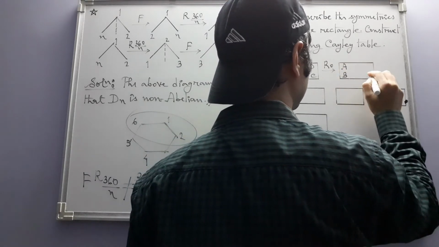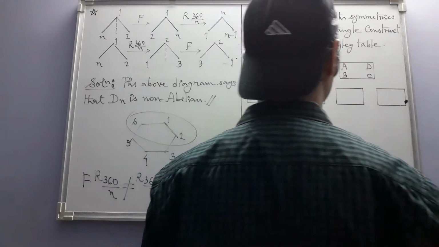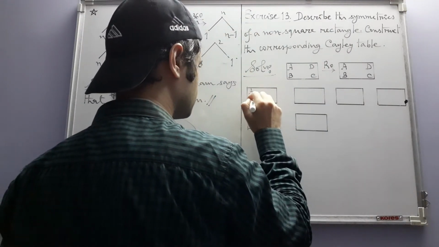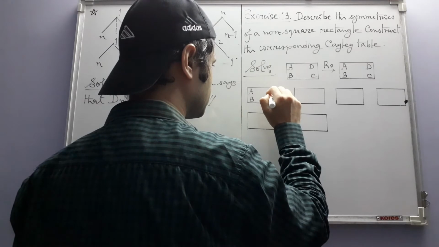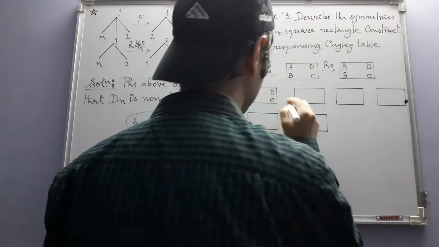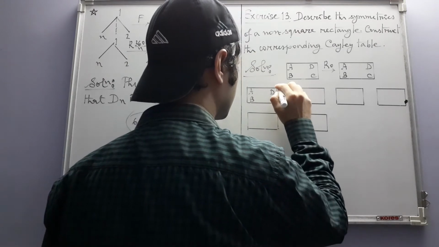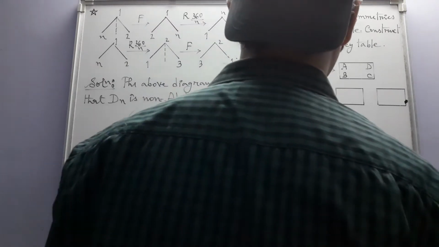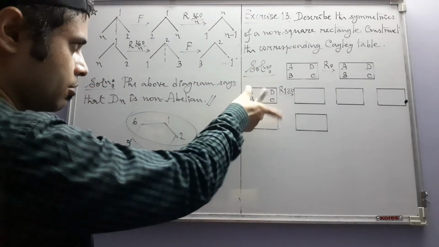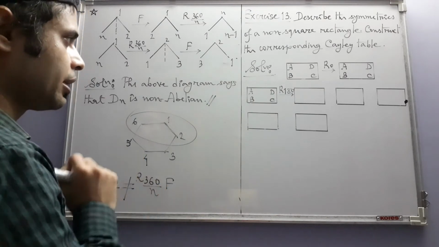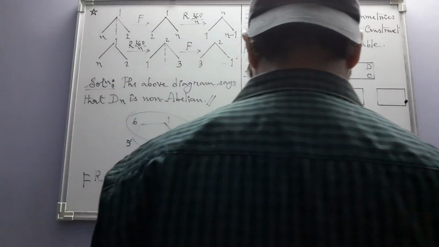A, B, C, D. Then A, B, C, D, and the next one is R180. So it rotates in the counterclockwise direction through an angle 180 degree.